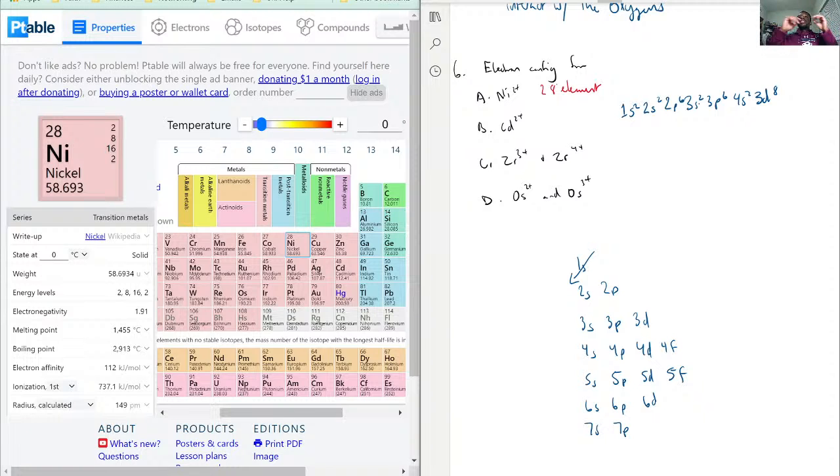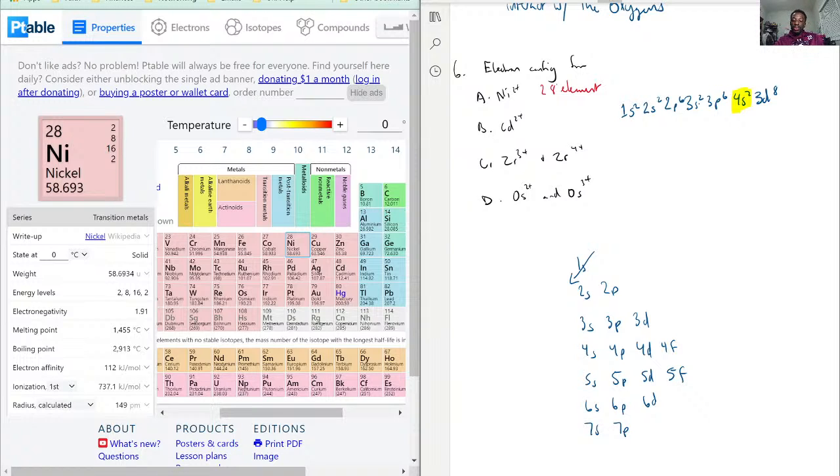But now in order to find the electron configuration for nickel 2+, we have to get rid of 2 electrons. Personally, I would propose to get rid of the electrons in the most outer shell, which in this case would be the highest coefficient, the 4s.